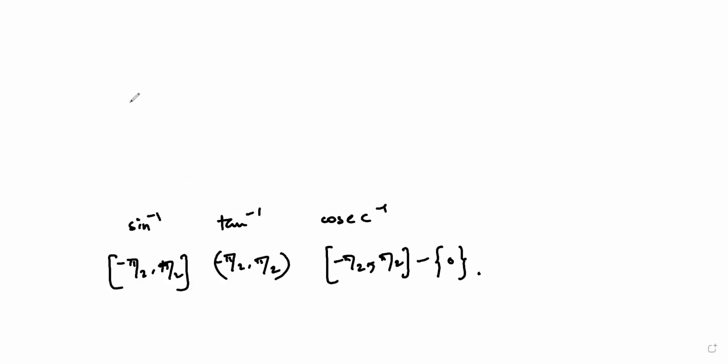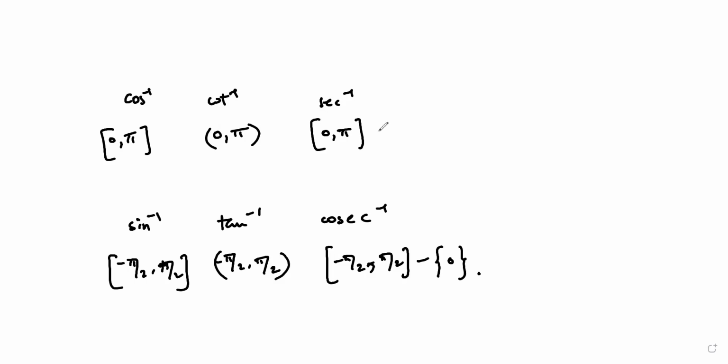So if you inverse, complementary type angle. So this is cos inverse, cot inverse, secant inverse. For cos inverse, you will get 0 to pi in closed interval, for cot inverse 0 to pi in open interval. And for secant inverse, 0 to pi minus pi by 2. This way you can remember easily. And here range is nothing but the principal value branch.